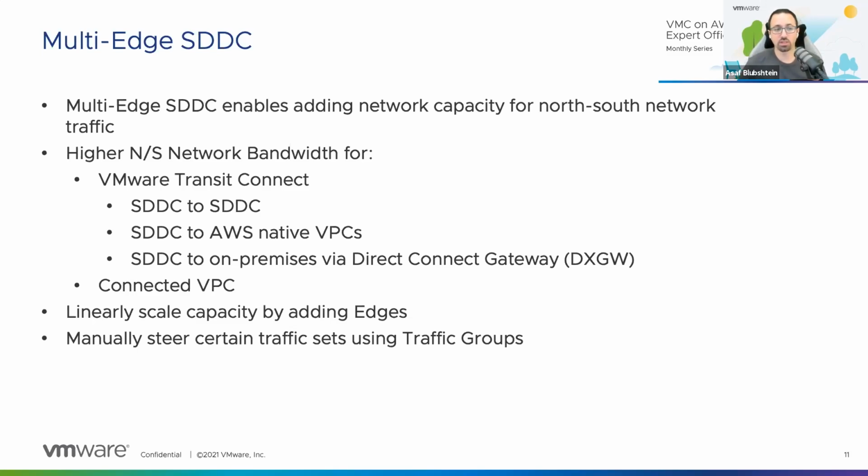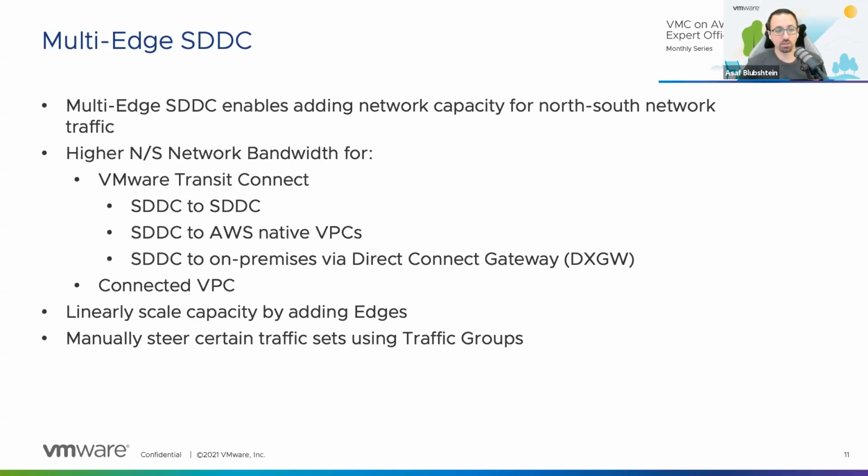These are traffic types that we've seen a lot, either between SDDCs or to native AWS VPCs, but also, for example, the connected VPCs, where there's a lot of backup traffic that can be separated from the main traffic to make sure that we don't miss backup windows, and also that we don't have any impact from all of a sudden weekly fulls of databases that will impact user traffic.